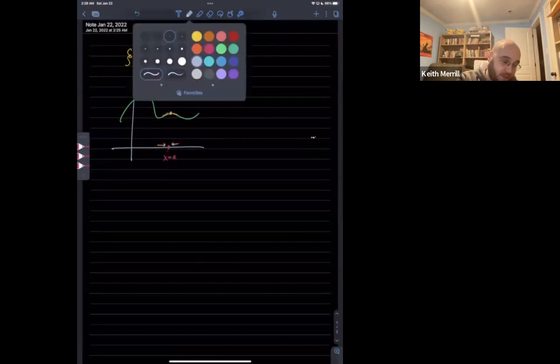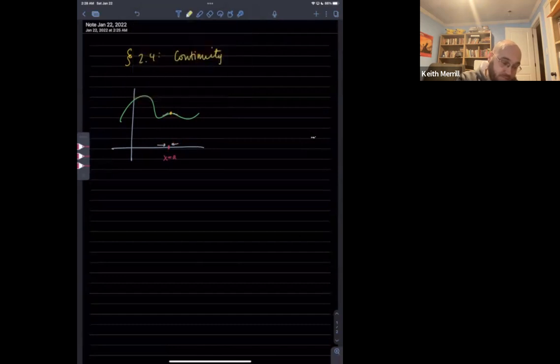So explicitly, let me record this off to the side here. We say that f of x is continuous at x equals a if all three numbers exist and are equal.